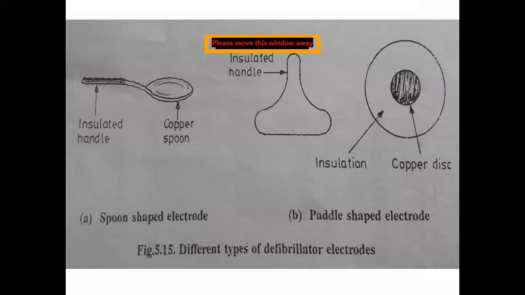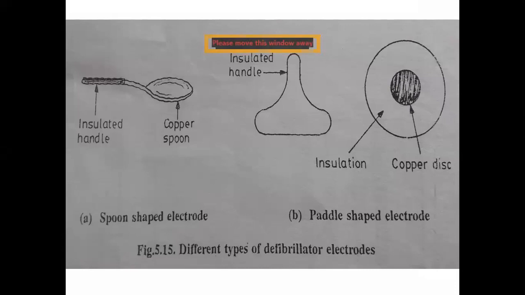Here there are two methods of placing these electrodes: the anterior position, and the anterior posterior position.